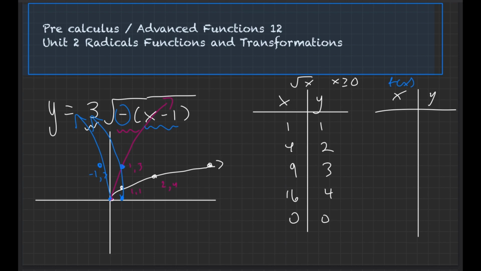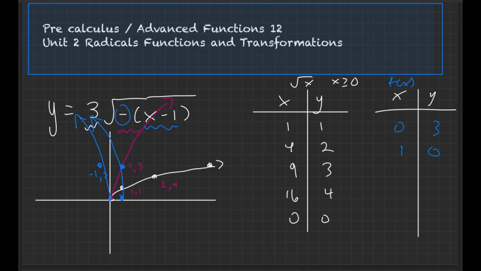So if you put 0 into the function, you should get 3. And then if we put in the other values, we can fill out the table of values as well. If you put in 1, you'll get 0, and so on, to get a sketch of the graph that way.